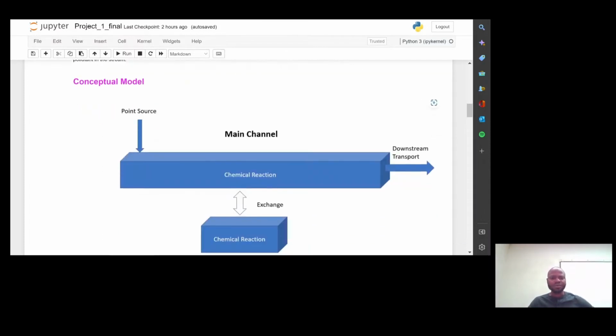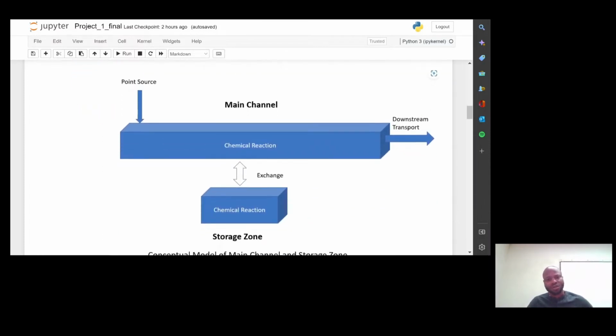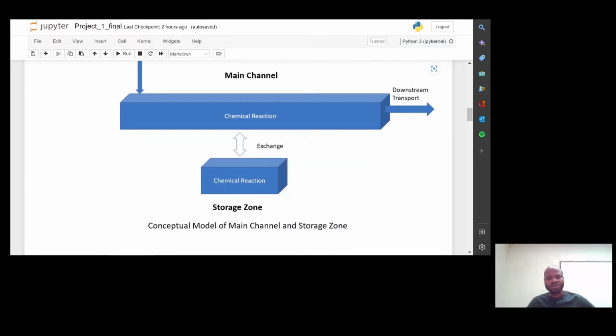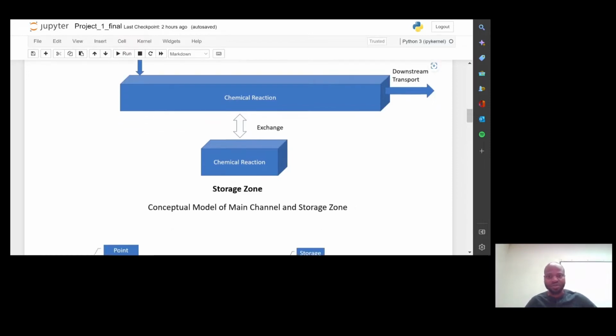matter in water. Our conceptual model shows our point source in the main channel, as well as the direction of the flow of water. It also shows the relationship between the main channel and a storage zone, indicating that some level of chemical reaction is going on between the two.